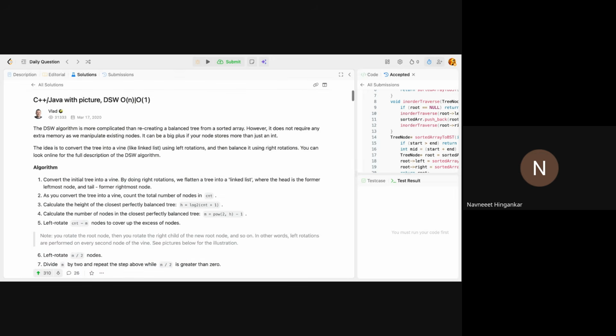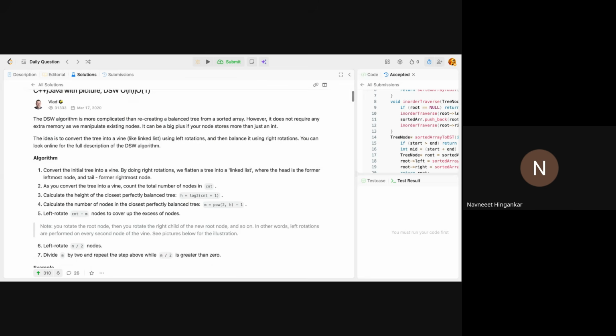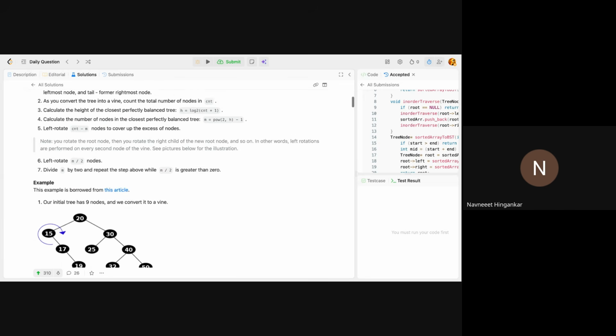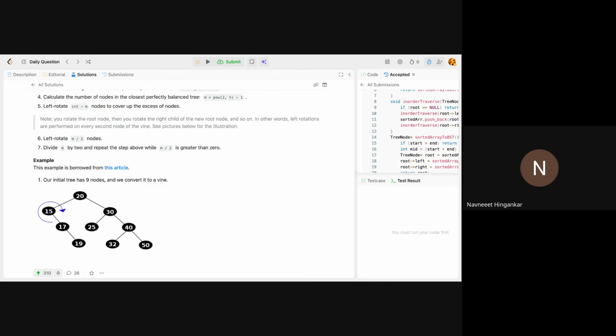There must be something simple for this. Obviously we will not use O of n memory, but we should be able to use something similar. So let's say I traverse in order fashion, right? I traverse in order fashion. I reach towards the mid portion. Like I got the count. Let's say I did one traversal and I got the total number of nodes in my linked list.